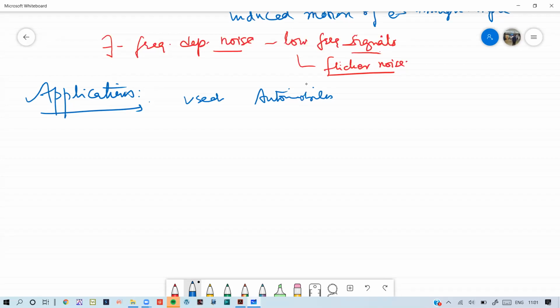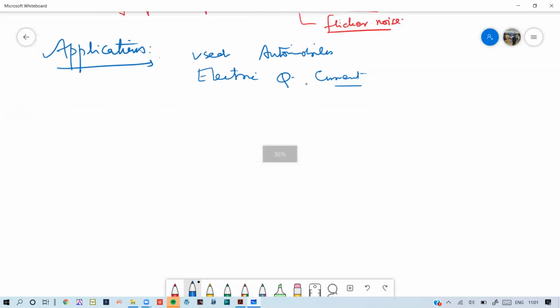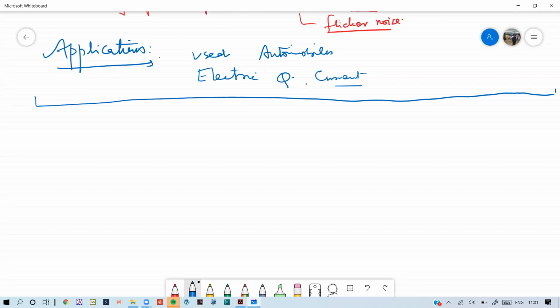It can be used, as you already know, to measure magnetic fields in the lab. It can also be used to measure different electrical quantities like current or voltage, and for different instrumentations, and some of them we will discuss, one or two. Let us discuss the first one.